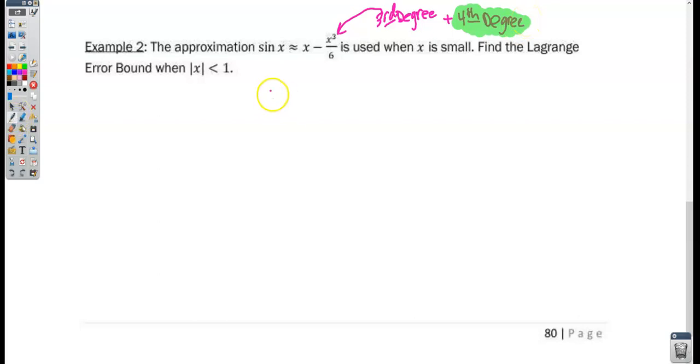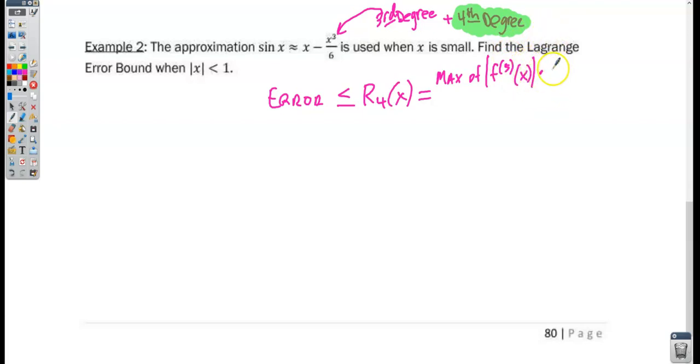So that's what we're going to look for. We're going to say that the error here is less than or equal to the fourth order remainder, which is the max of the fifth derivative of x times the max of absolute value of x minus a to the fifth, all over 5 factorial.